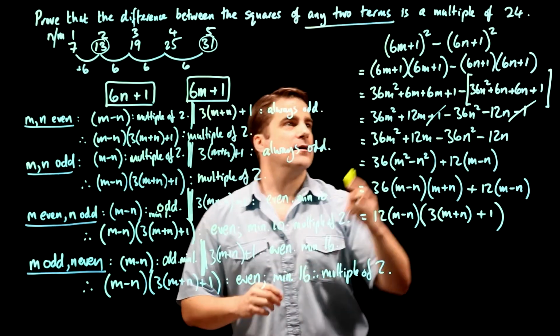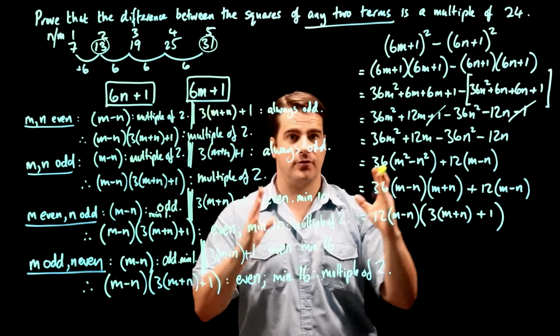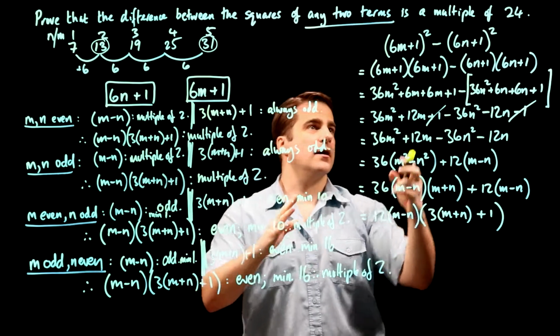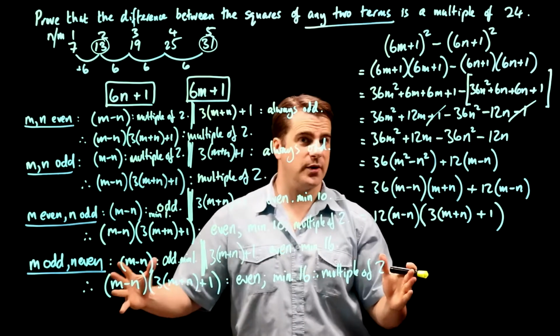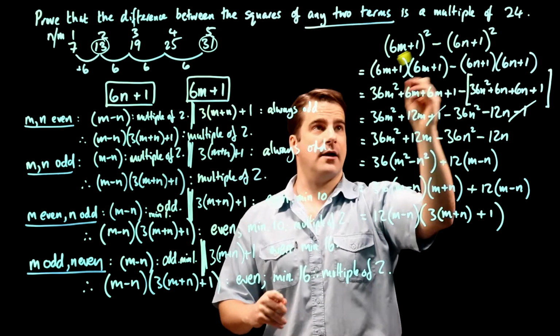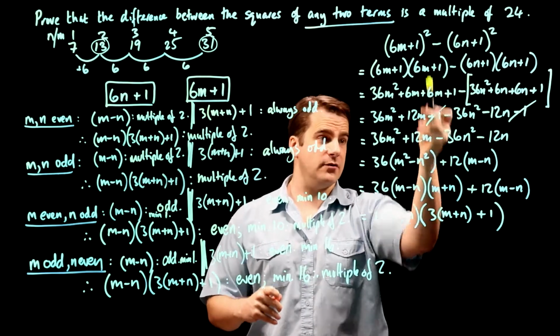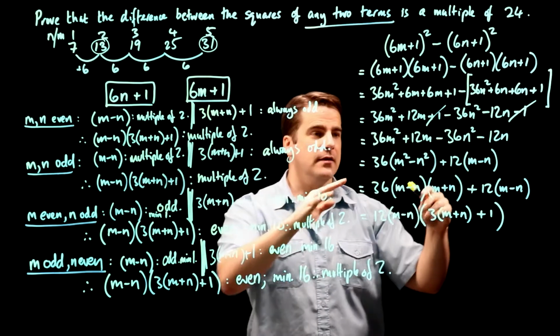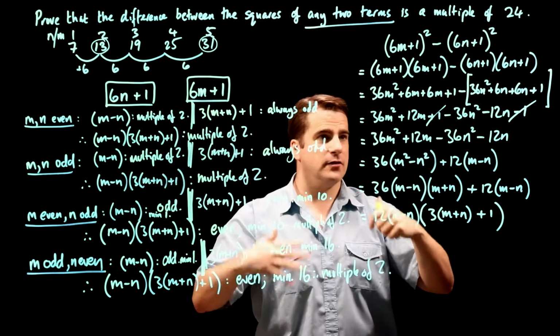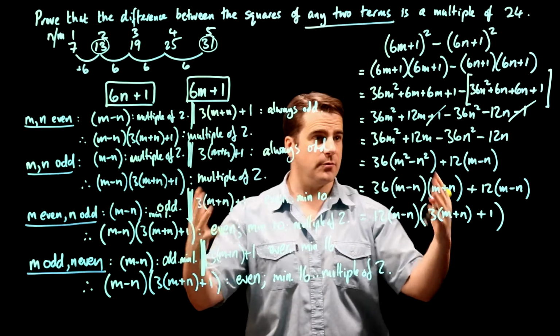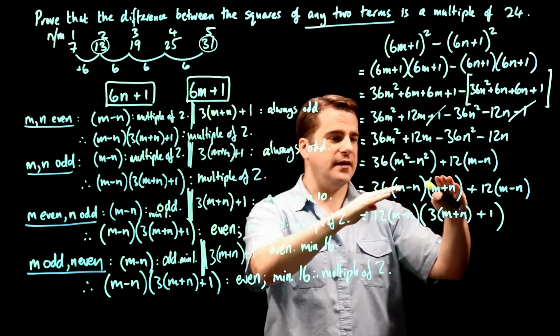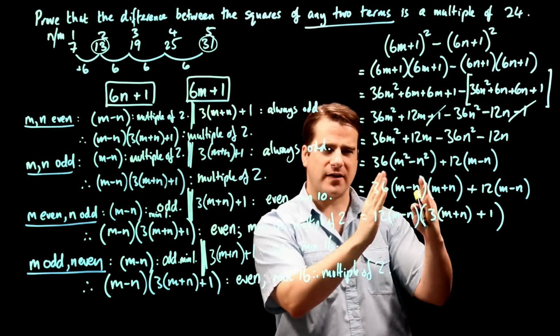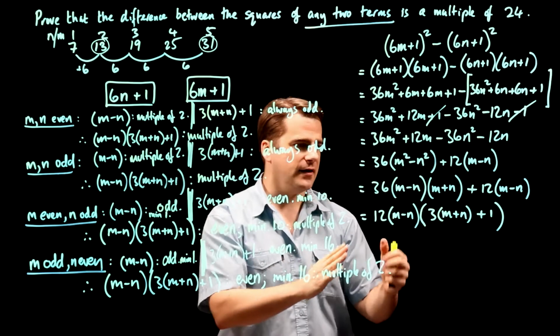Then you have to show that that's a multiple of 24. Even if you can't finish the question, you can definitely multiply out these brackets and get to about here maybe. The more of these questions you do, the more practice you get, you can see how to factorize and where to take it.